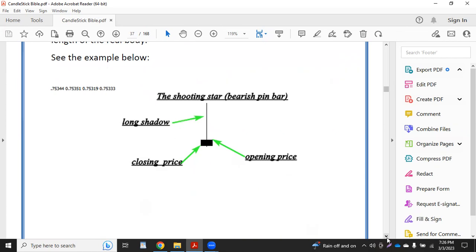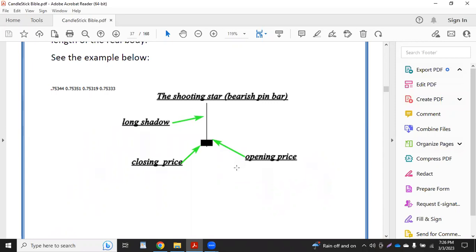And so let's just do a little explanation of this pattern too, like we did for the first one. So price opened here. You see where it says opening price. That's where this candle opened. When this candle opened, you will notice that price first of all moved upwards. That's what is shown with that long wick, or shadow.